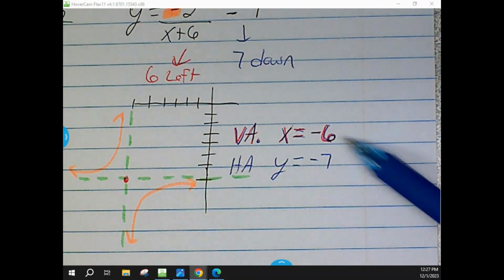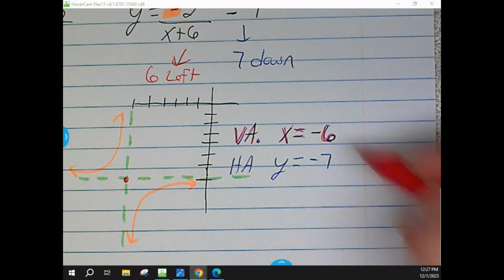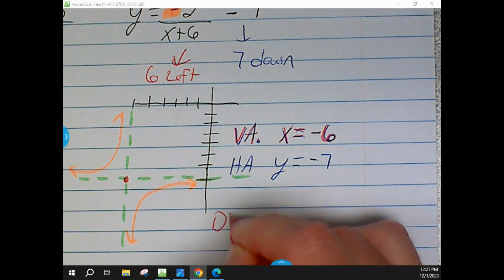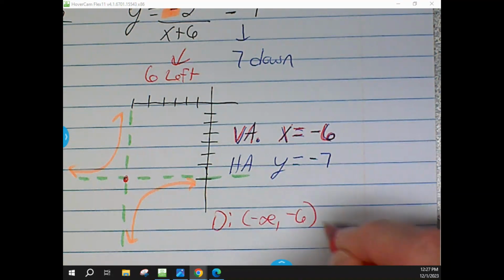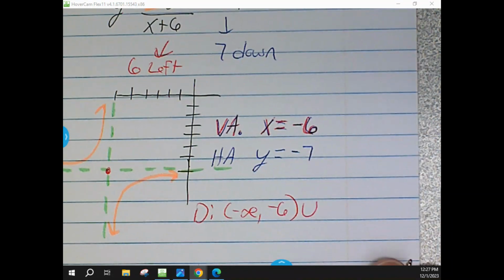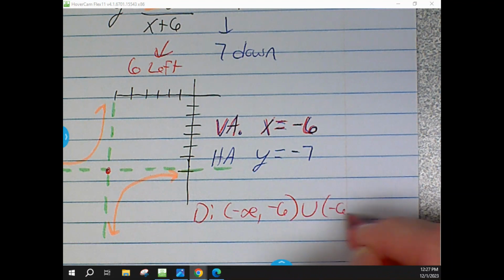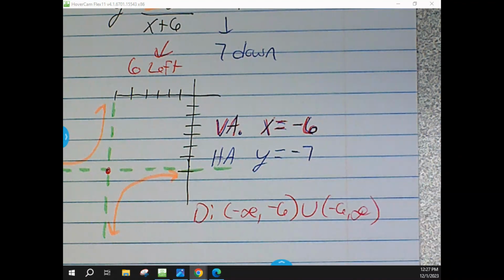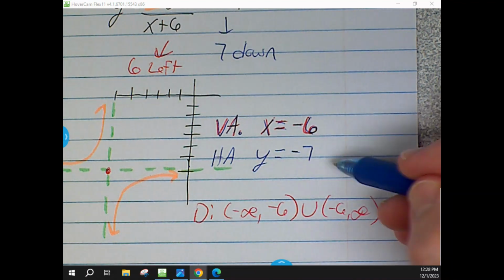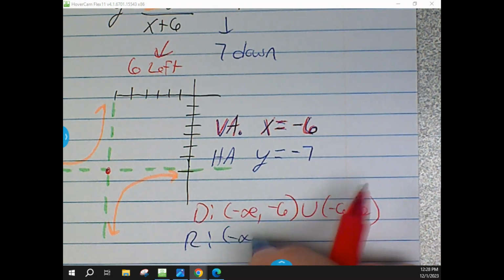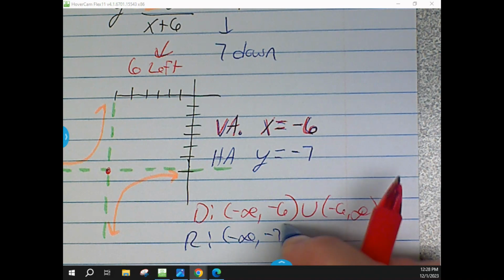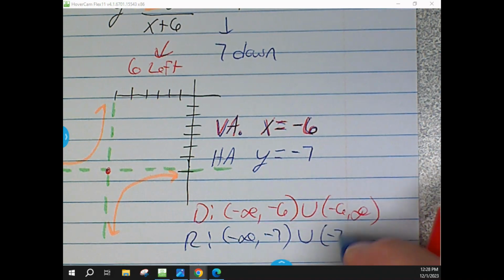The domain is always the x, so we're going to use this negative 6. Domain is negative infinity to negative 6, union, negative 6 to infinity. And then the range, we'll use the y values because that's what the range is. It's negative infinity to negative 7, and then negative 7 to infinity.